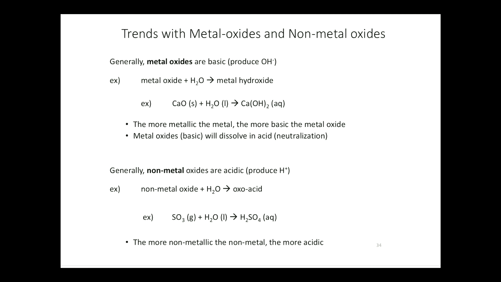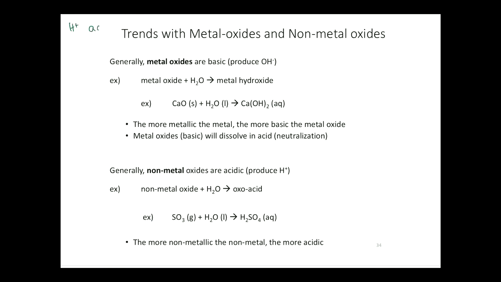So the idea here is we oftentimes interact with oxides of nonmetals and metals, so not the pure stuff. We rarely interact with the elemental form of these things. Instead, we're going to focus on the oxides. So metal oxides, especially when you put them in water, are basic. So remember from chapter 4, we talked about things that were acidic.